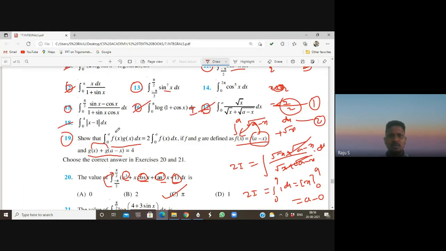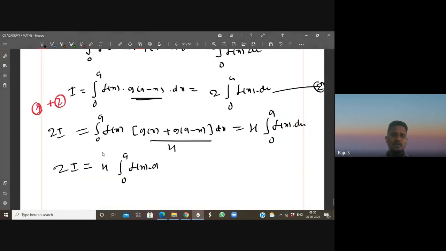What is the question? Sorry, they are asking to show that. We actually proved it here. 2I is equal to this, which is nothing but integral 0 to a of f of x dx. Hence proved. I'm taking LHS and we proved RHS. This is RHS.